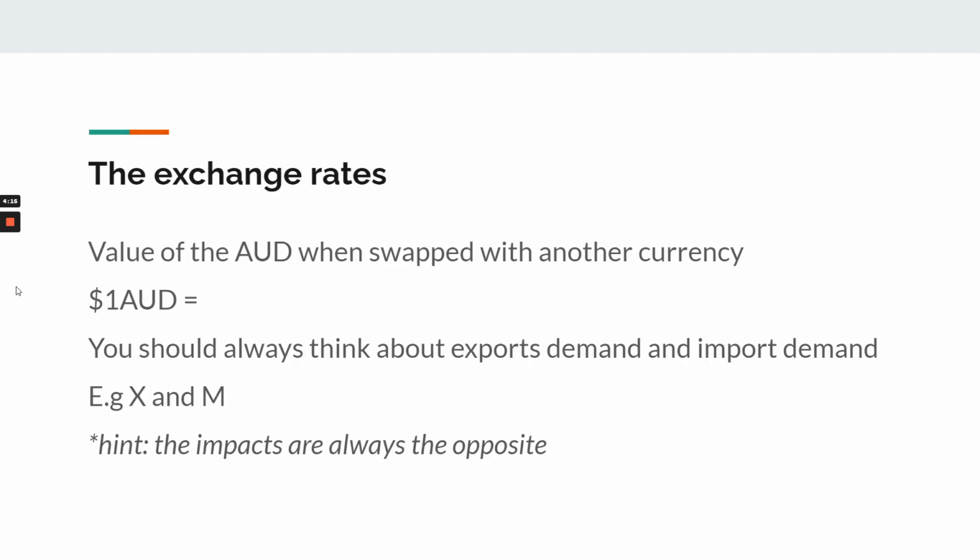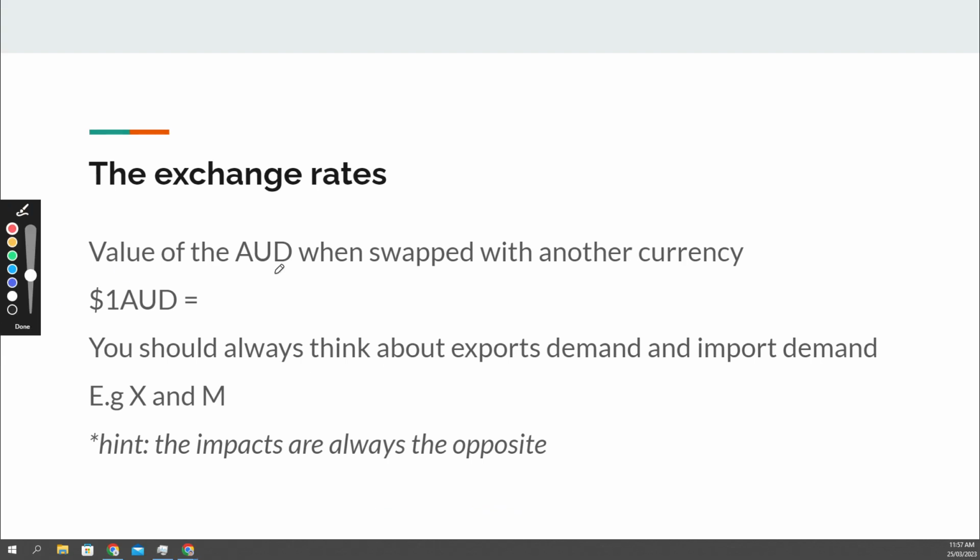The exchange rate is quite a tricky one, and we spent some time in class doing this. The exchange rate is basically the value of the Australian dollar when we swap it for another currency. So 1 AUD equals 0.67 US cents as of early 2023, which means 1 AUD will buy 67 US cents.